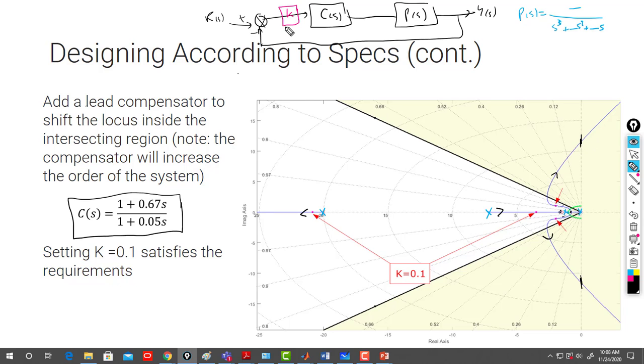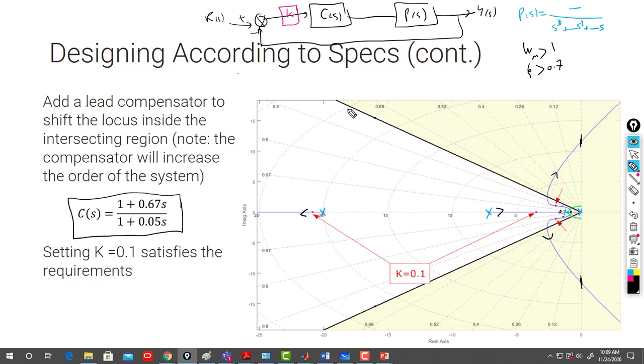Then also there is some constraint on your gain. You cannot take it from 0 to infinity in this case if you want your system to be stable. But now my question to you is, is there a value for K that satisfies my requirement? What are my requirements? Remember, omega n bigger than 1 and zeta bigger than 0.7, something from the previous slide.